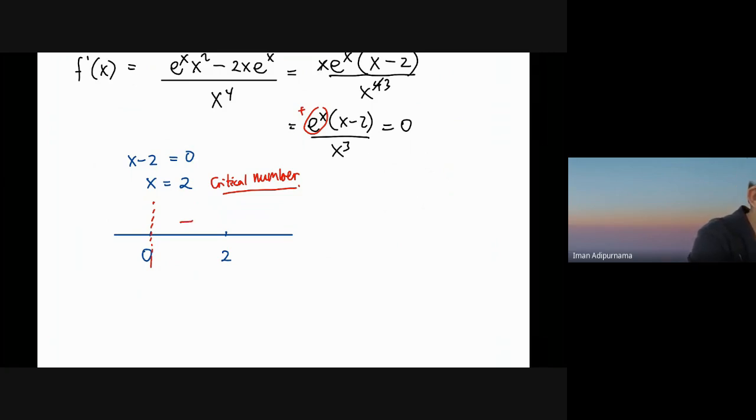If we check 3, this will be positive. If we have negative 1, it will be negative by negative, so it will be positive, right? It will be increasing if we use a negative number to check f prime. So increasing, decreasing, increasing.